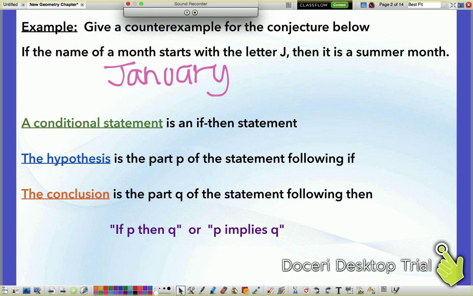The hypothesis is the part P of the statement following if. So I say if it's going to rain, and then it's going to rain is the hypothesis. Then I will get wet. Okay, I will get wet would be the conclusion. It's the then part of the statement.